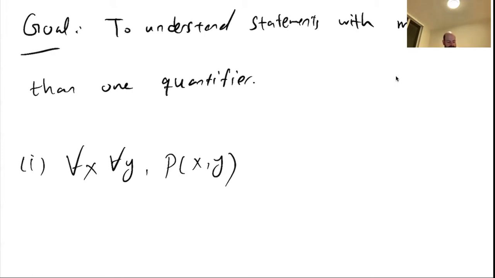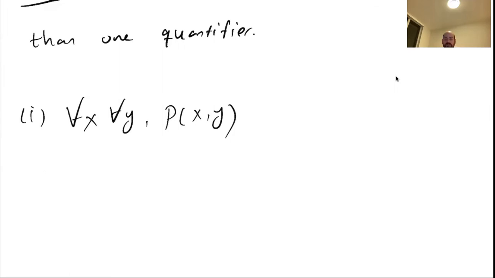Okay, so let me give you an example first. We want to know under which circumstances we can say this statement is true, and when can we say it's false. So let's look at an example.